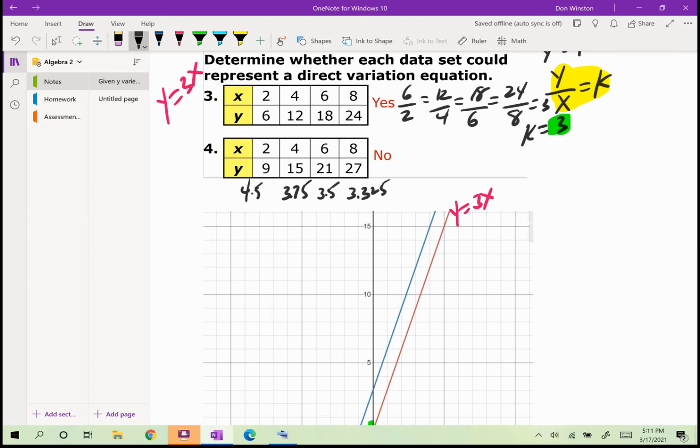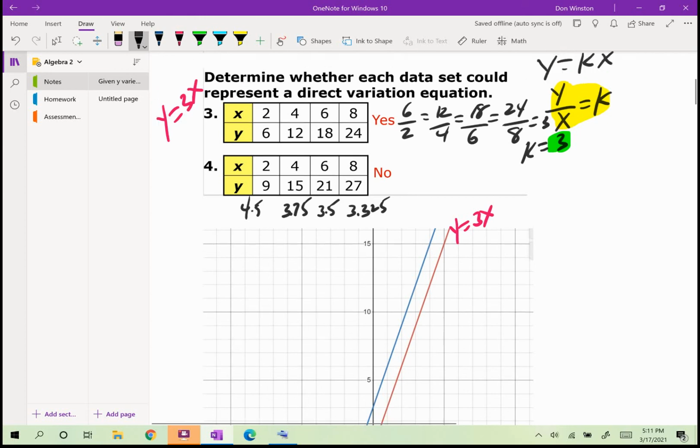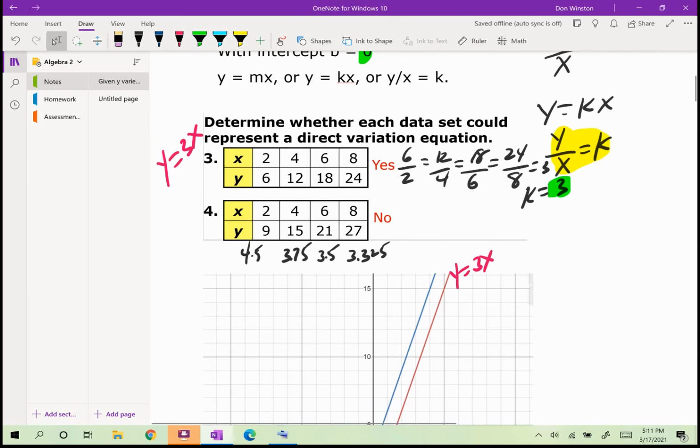So that is not a direct variation equation. In other words, k is not constant. For a direct variation equation, if I take each y and divide it by x, I'll get the same value. Number 4 was not a direct variation equation. It is, however, a linear equation.